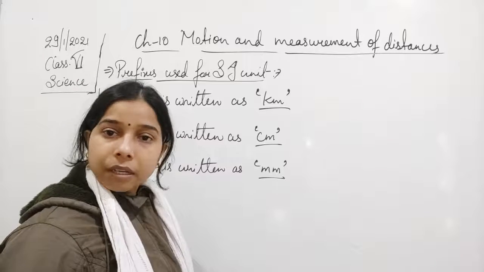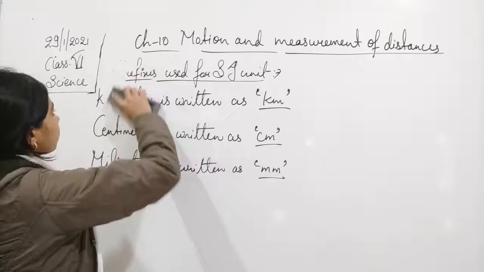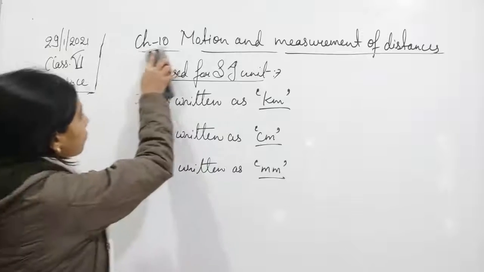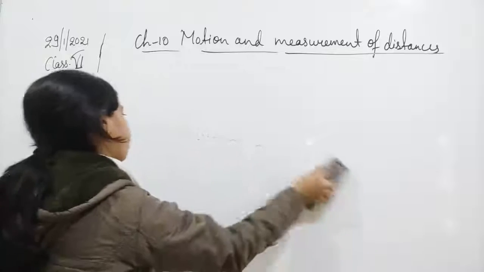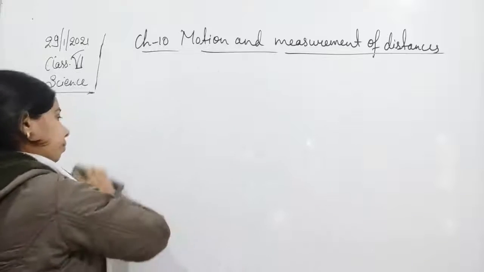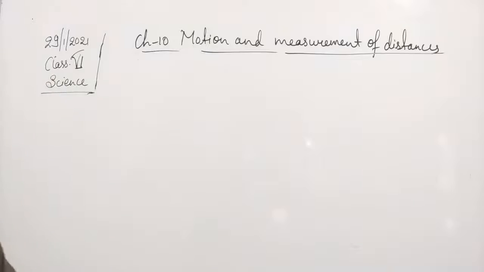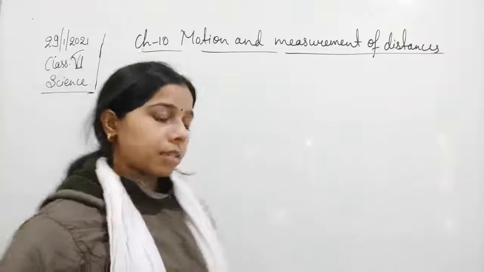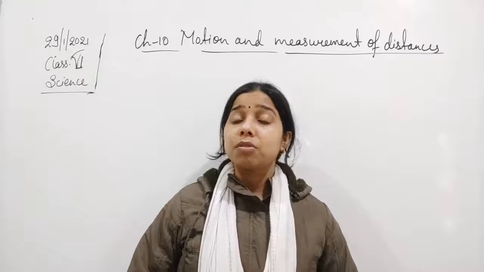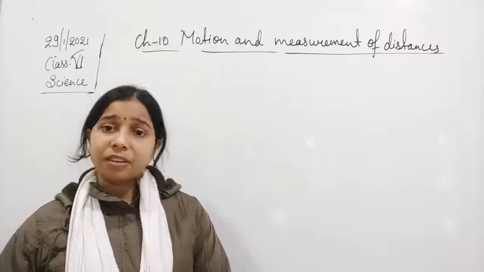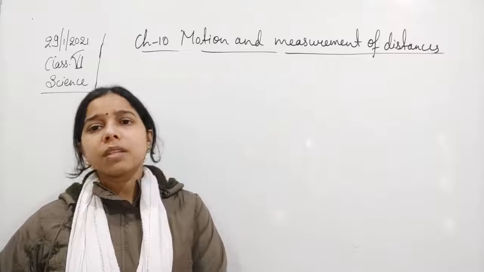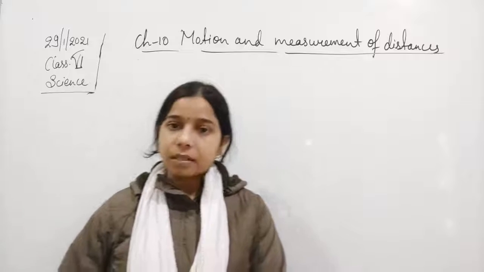Measurement of length. Now here students, when we discussed the prefixes of the SI unit, the question arises: why are we using these? If one SI unit is already there, what is the use of these prefixes?